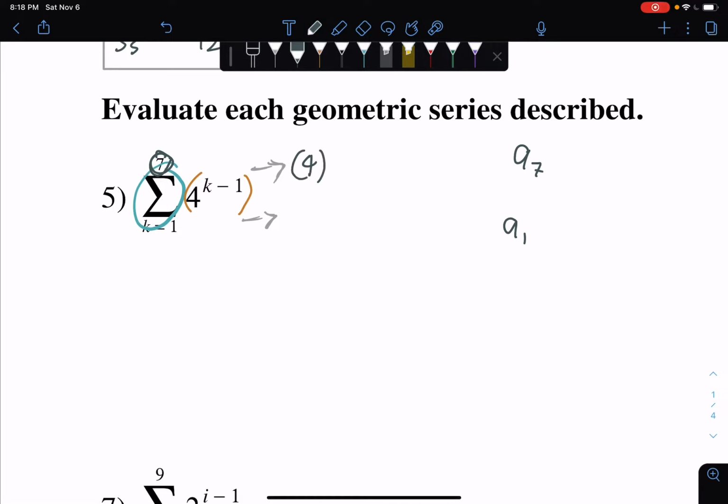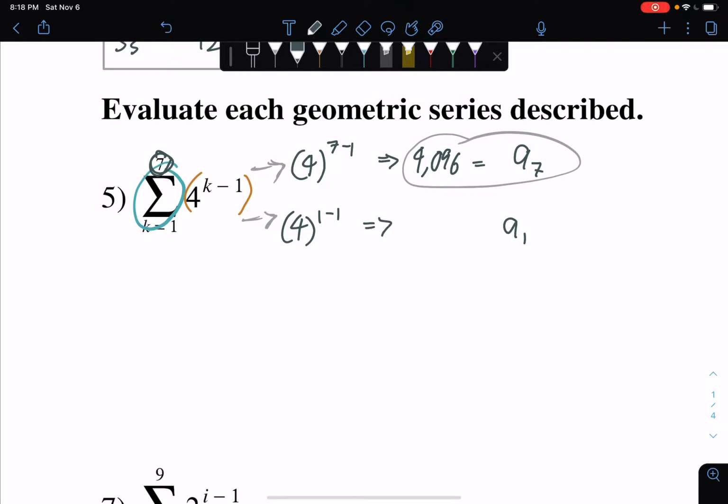Let's solve. Substitute the values: 4 raised to 7 minus 1 and 4 raised to 1 minus 1. So 4 raised to 7 minus 1, our answer is 4096. So that is our a sub 7.